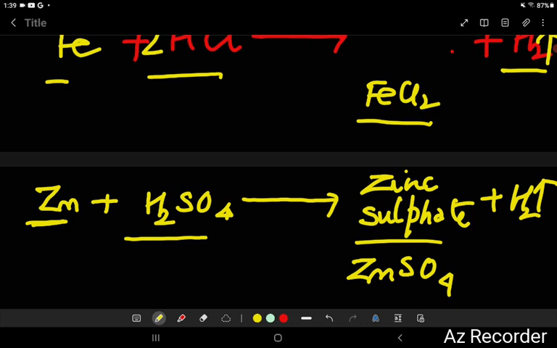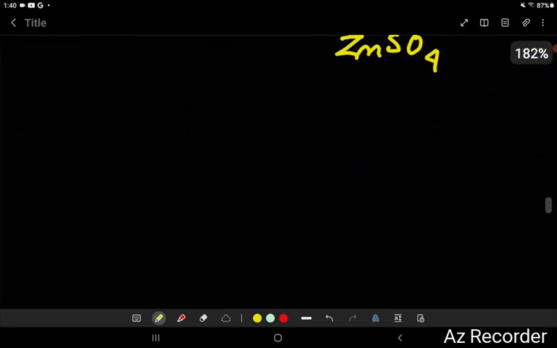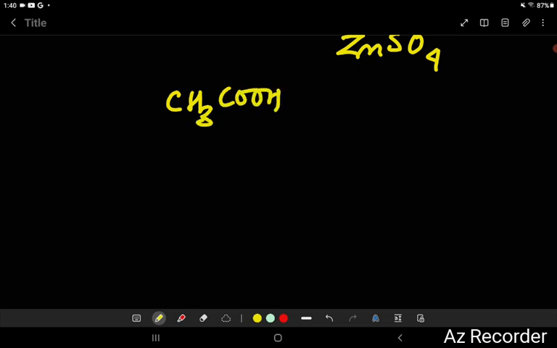When any metal reacts with dilute acid like hydrochloric acid, sulfuric acid, nitric acid, or any other acid, definitely you will get hydrogen gas and the salt. Suppose I am taking acetic acid, CH3COOH, reacting with sodium metal. As I have told, hydrochloric acid will form chloride salt, sulfuric acid forms sulfate salt, nitric acid forms nitrate salt.